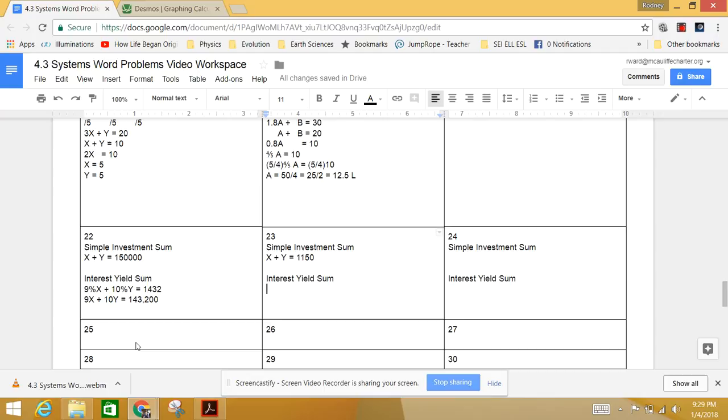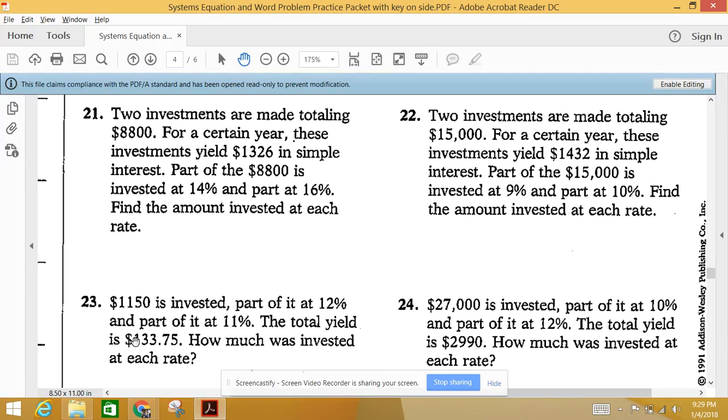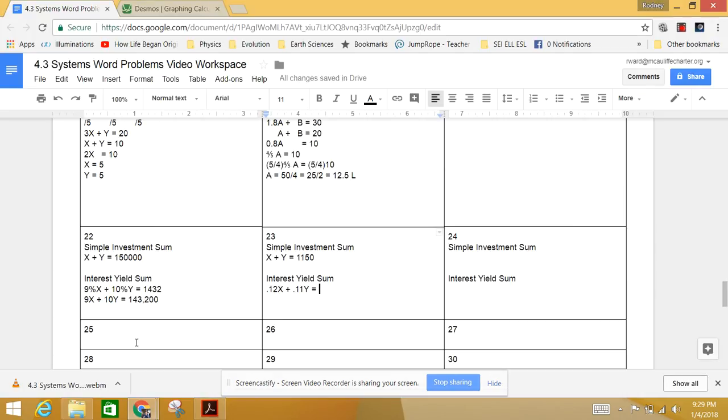$133.75. So 0.12x, I'm going to go ahead and skip the part where I write it as percentages and write it right in as decimals. And that's going to equal $133.75. Okay, and I will multiply everything by 100 to clear out those decimals.